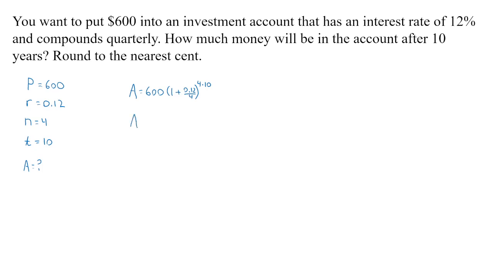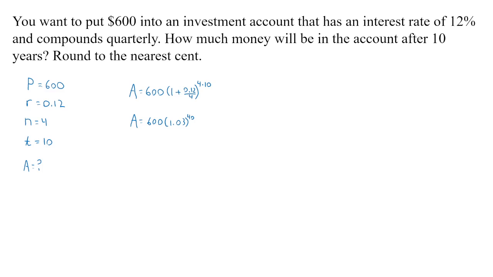Now we're going to simplify this a little bit more. So we have 600 times 1 plus 0.12 divided by 4, and that's 1.03 raised to the 40th power. 4 times 10 is 40.